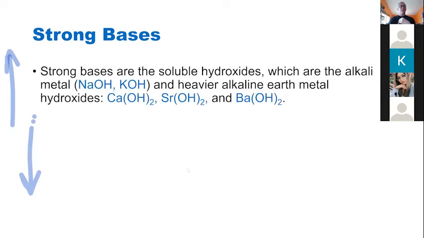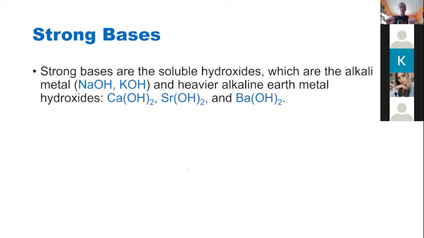Now let's look at strong bases. Strong bases are soluble hydroxides. Those are the alkali hydroxides, like sodium hydroxide, and some of the alkaline earth metal hydroxides, like calcium, strontium, and barium. They have to be soluble, for one thing.